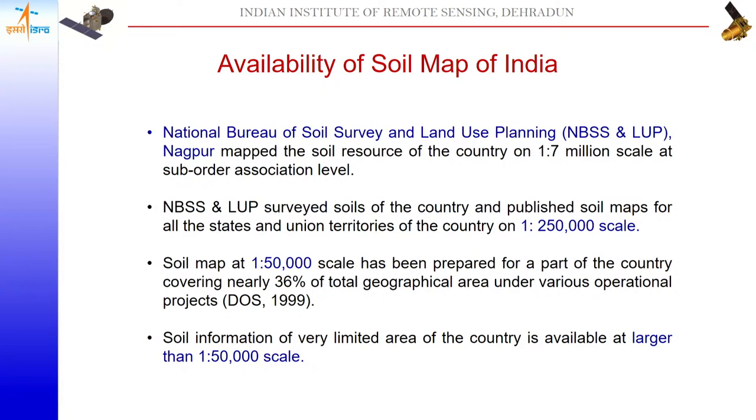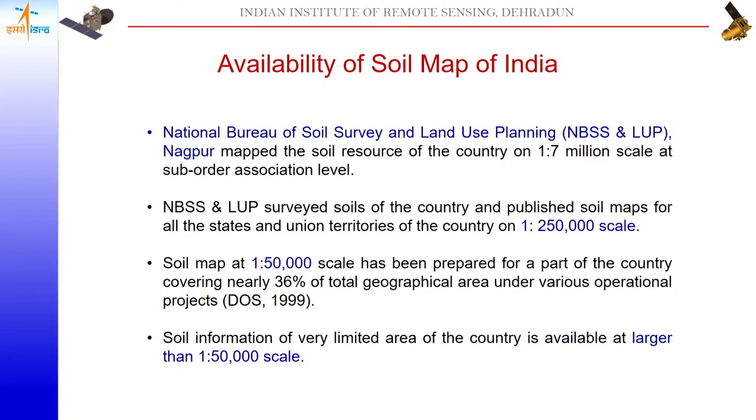If we see what is the availability of soil maps in India, many times we want to know why we need to prepare the soil map when soil maps are available. Then we need to know what kind of soil map, or what scale, is available.